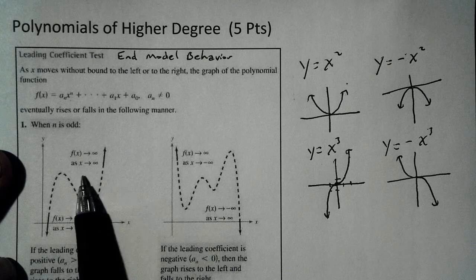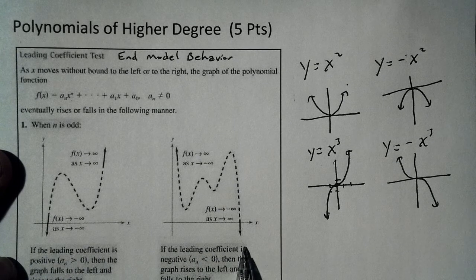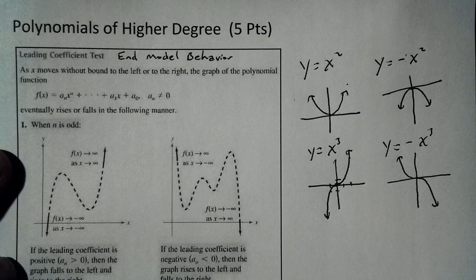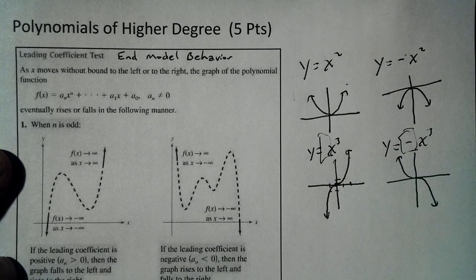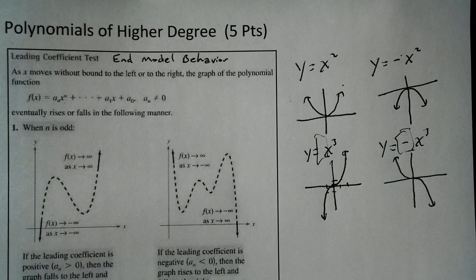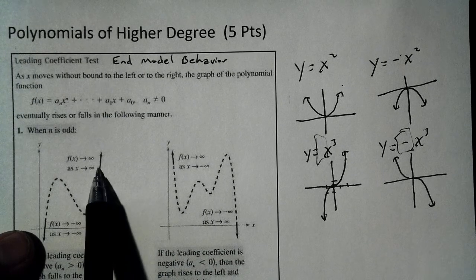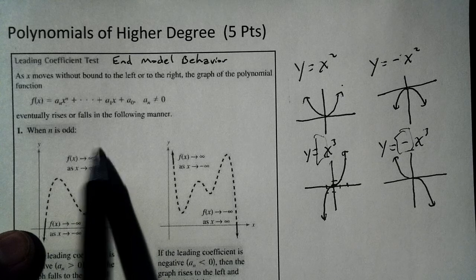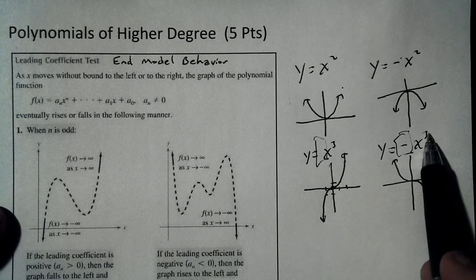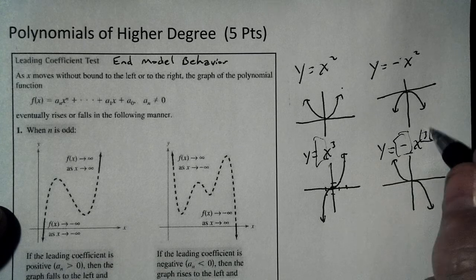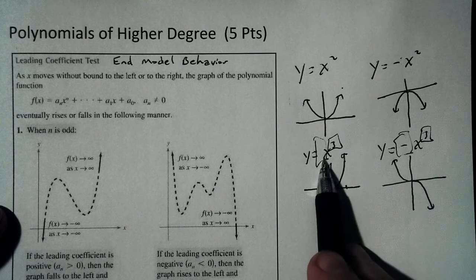If this graph was upside down, it would be falling to the right, rising to the left. And it's all about whether the function's right side up or upside down. If it's right side up, as x gets big, the graph becomes positive. So it's the even-odd test in combination with the sign.